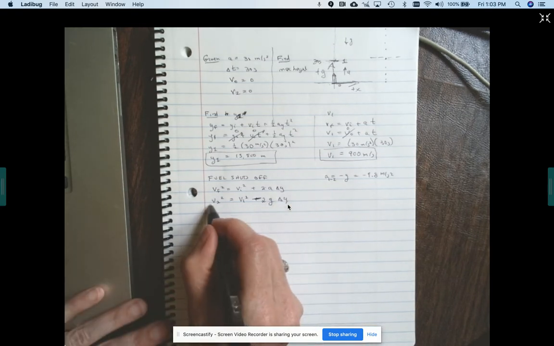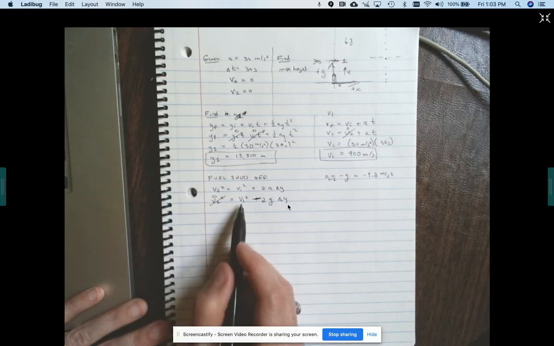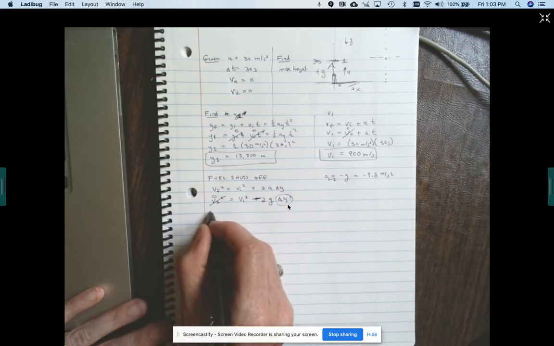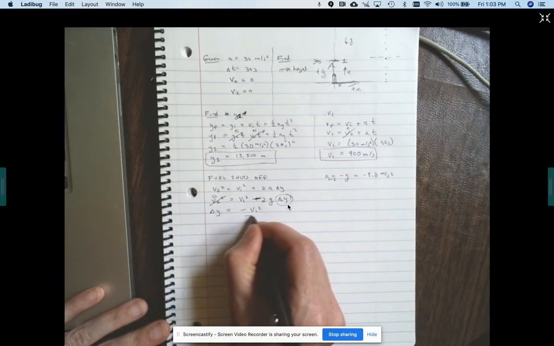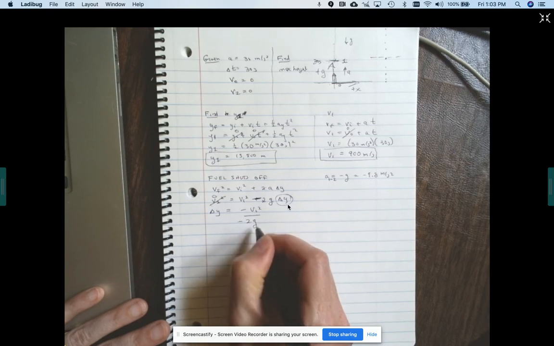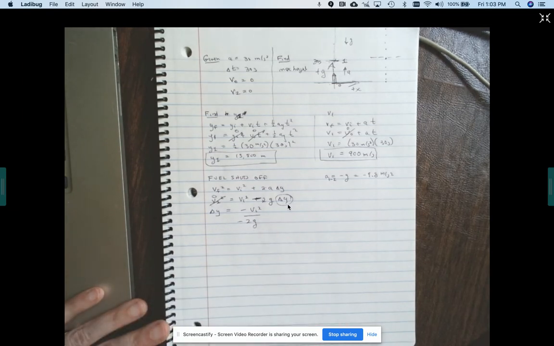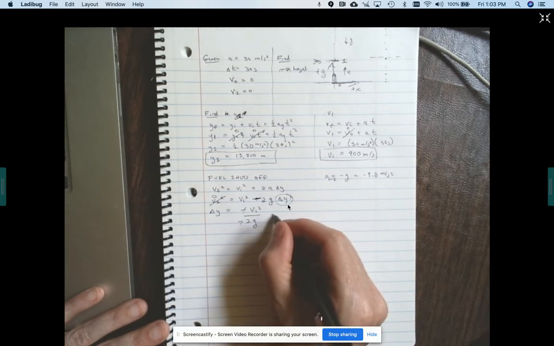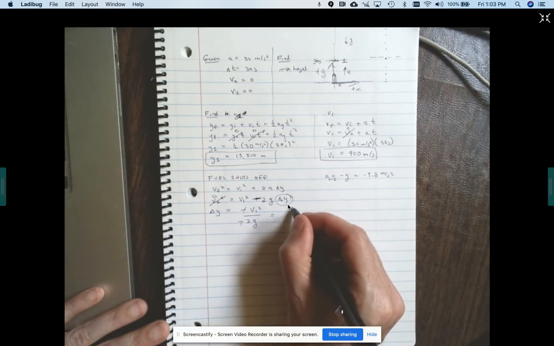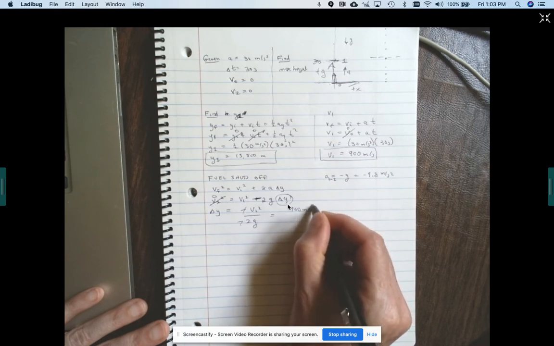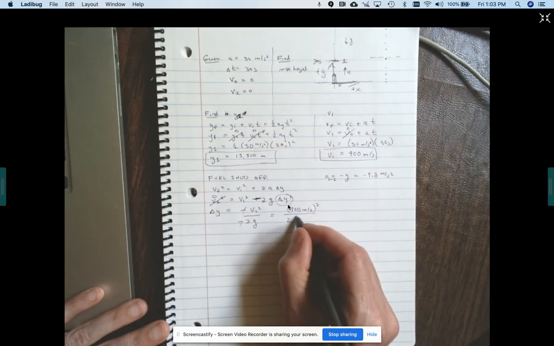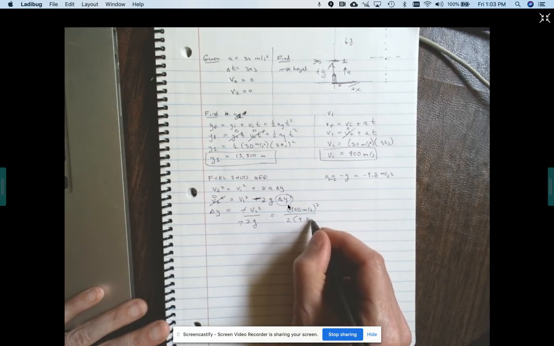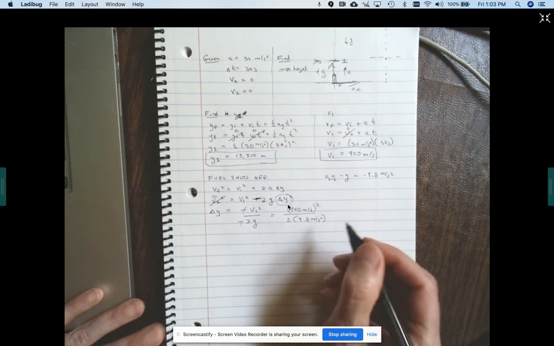We know at the top, the velocity is 0, and I want to solve for how much higher it goes, so I'll get that by itself. So delta y is negative v1 squared divided by negative 2g. Our negatives go away. We get our v1, which is 900 meters per second, squared, and I'm going to divide by 2 times 9.8 meters per second squared.